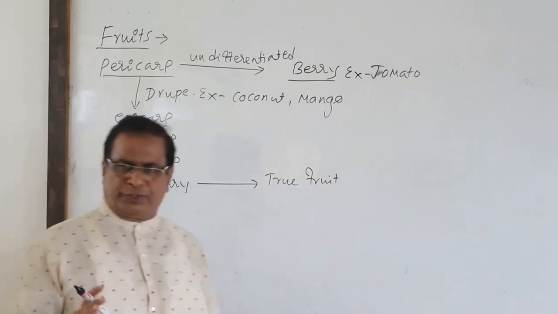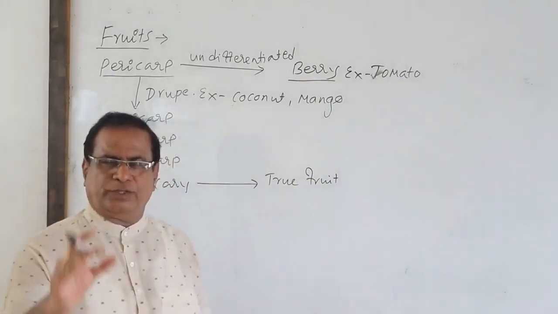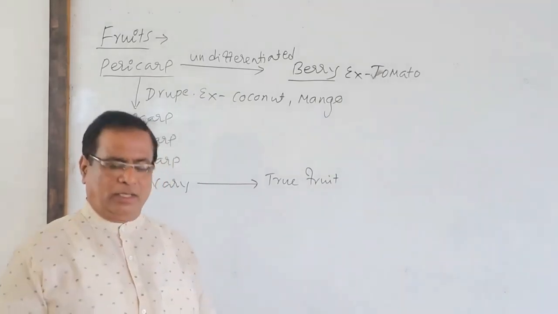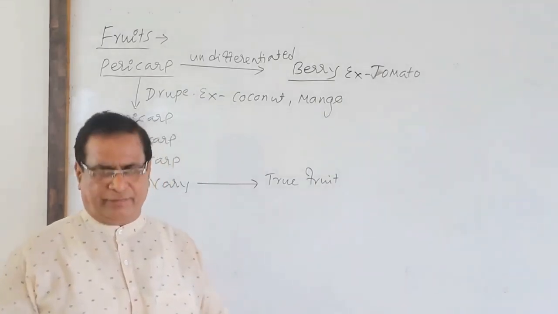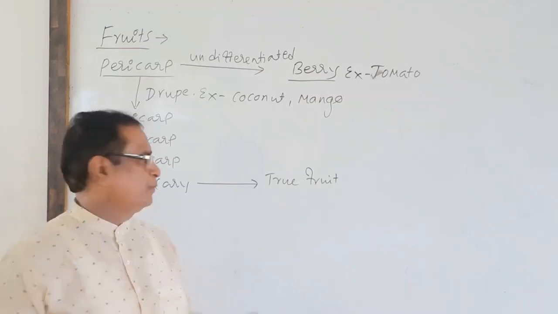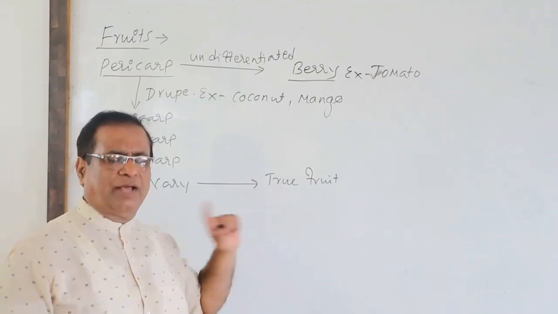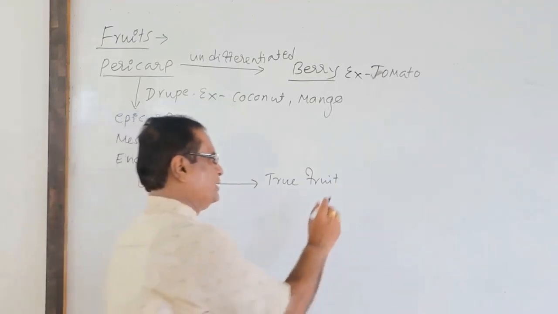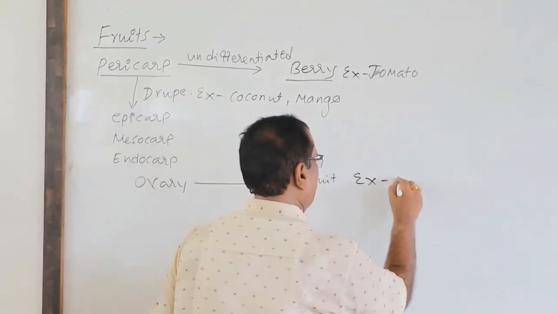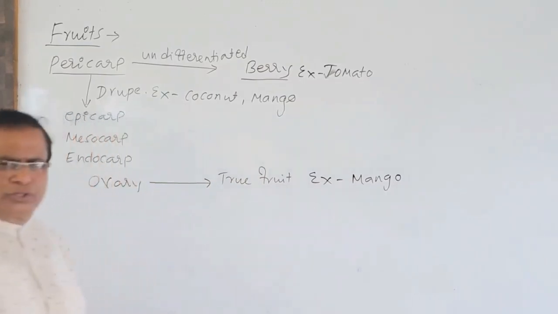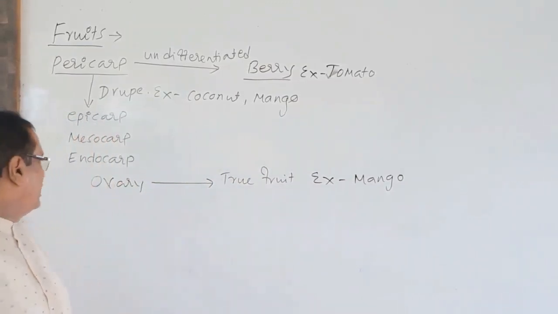A fruit which is formed strictly from the ovary. Other floral parts will shed off; they won't remain in the fruit. Only the ovary becomes fruit after fertilization. Such fruits are named true fruits. Examples are mango, coconut and so on. Most of the fruits are true fruits.